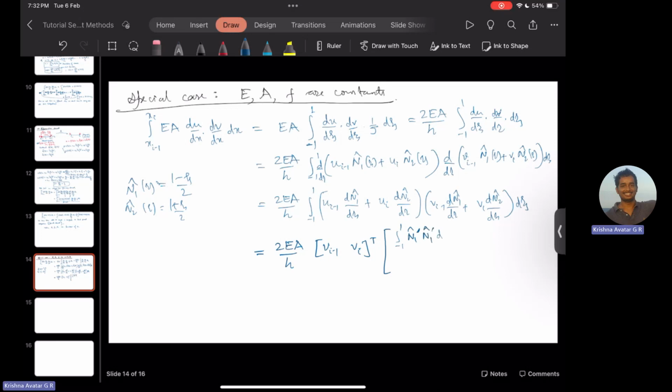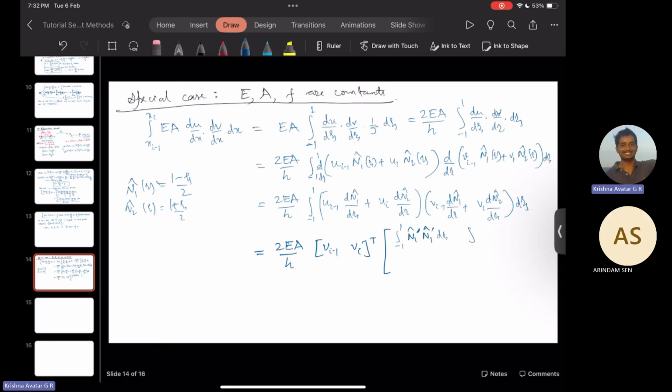Similarly, we have the integral from -1 to 1 of N1 hat prime N2 hat prime dz. And here also the integral from -1 to 1 of N1 hat prime N2 hat prime dz, and here the integral from -1 to 1 of N2 hat prime N2 hat prime dz, and this side will be u(i-1), ui.